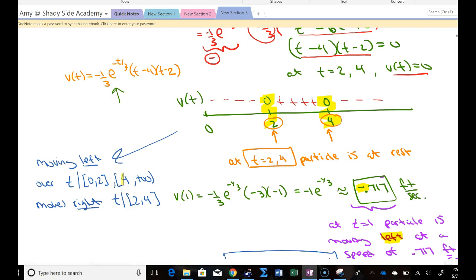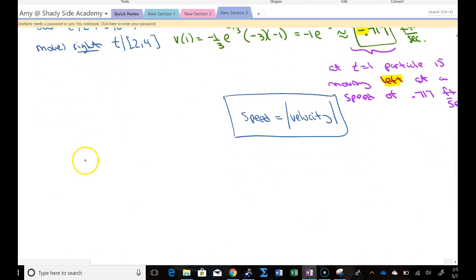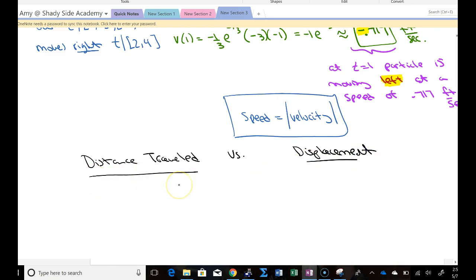All right, let's talk about a very important idea, which is the difference between distance traveled versus displacement. Okay? And here are two very easy ideas. Let's say this is you.